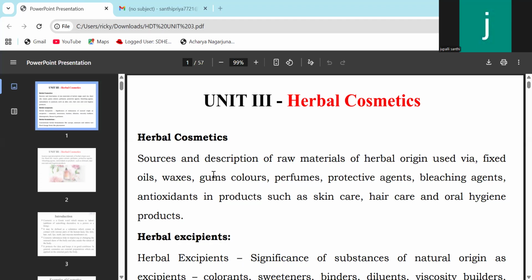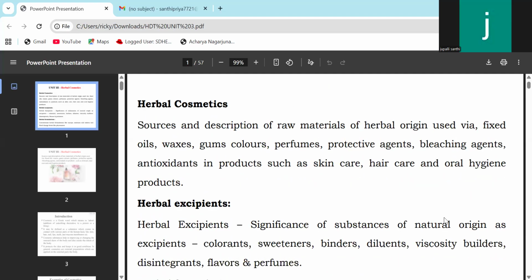And next, bleaching agents, antioxidants in products such as skincare, hair care, and oral hygiene products. So, herbal excipients means the significance of substances of natural origin as excipients, used as colors, sweeteners, binders, and diluents, viscosity builders, and disintegrants, and flavors and perfumes.